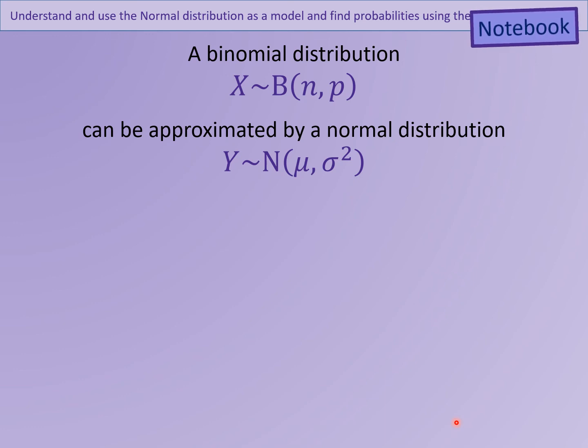Don't need to do too much, just a bit of understanding that if we've got a binomial distribution and we want to do some approximation with it, you might need to if your n value is too big. Now in the past, now that calculators can handle it, it's not so important. But in the past, the n value was capped. You could only get a certain amount of n values.